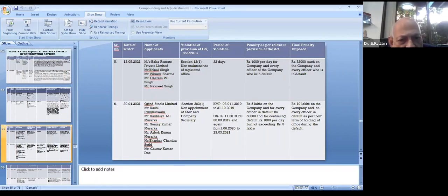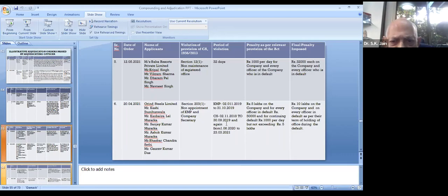Now, another order is 24/2021, Orient Estates Limited and others. Now, the offense is under Section 203, non-appointment of KMP and company secretary. Now, the violation period for KMP is 2/11/2019 to 31... There is some mistake.